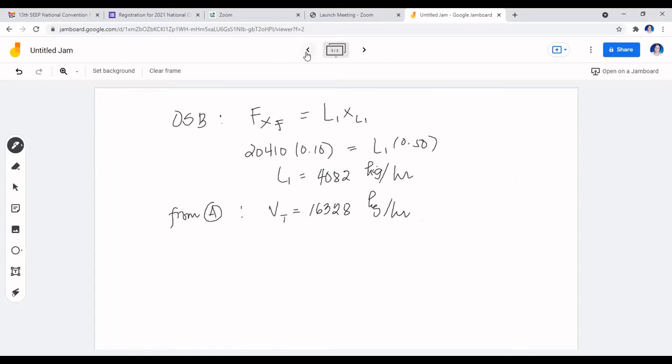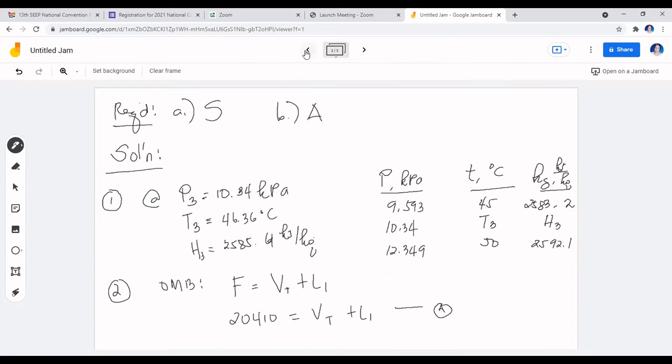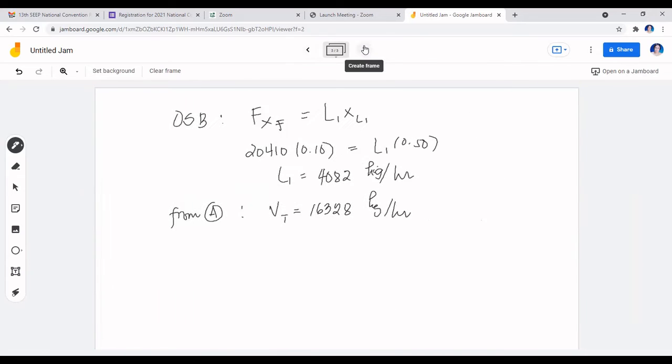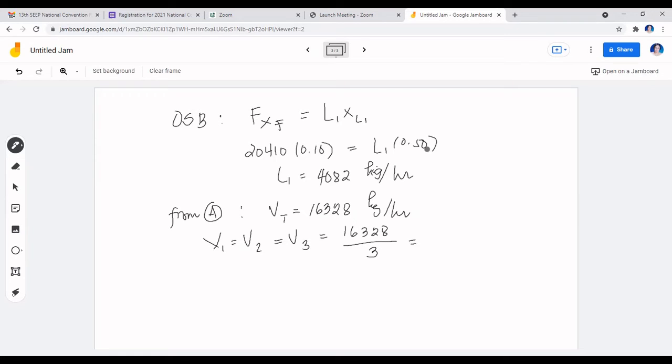This time I did not use a basis. You may use a basis later on if you don't want to carry the unit time. Now the next step is for us to determine V1, V2, and V3. And you've learned that it should be 16,328 divided by 3. Okay, what's our answer here?